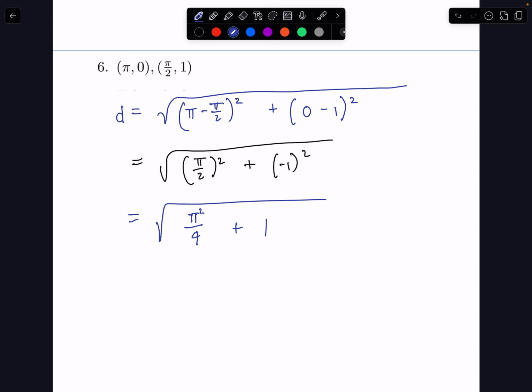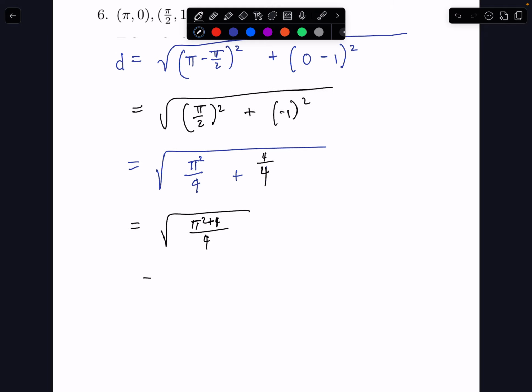Okay, let me think. Is there a way to simplify this? There's a little simplification you could do. You could treat 1 as 4 over 4 and then add them together. So you'd have pi squared plus 4 over 4. Or another way to think about that is that's the square root of 1/4 times pi squared plus 4.